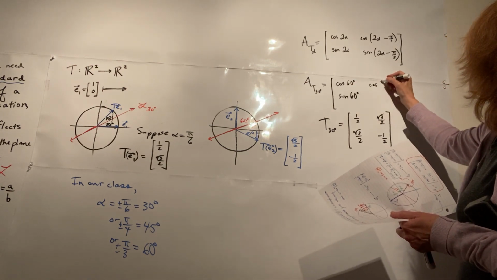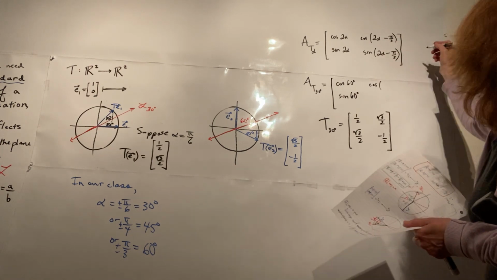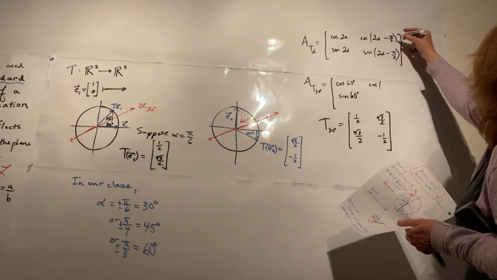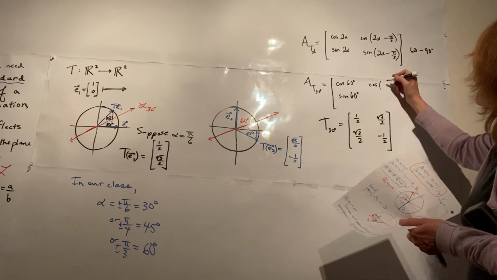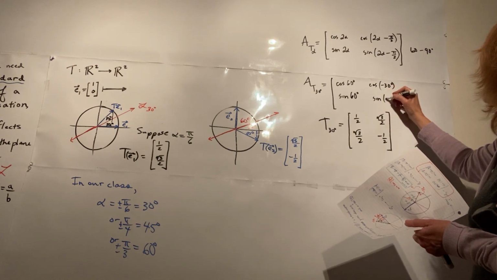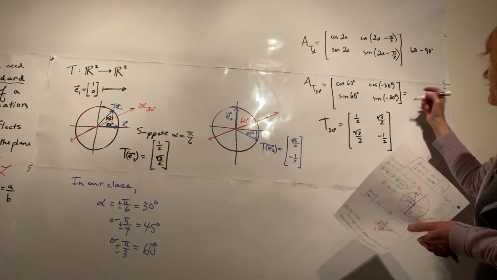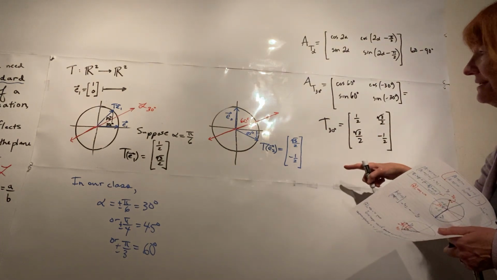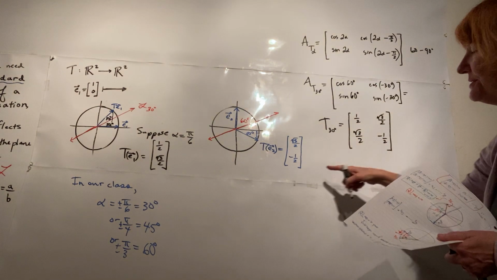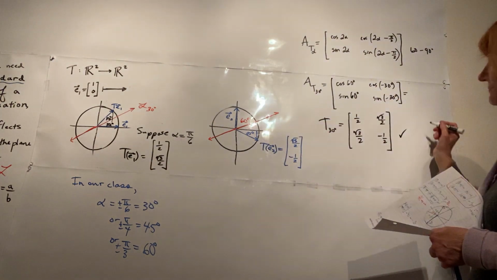This would be the cosine of 60 minus pi over 2, so 60 minus 90 is minus 30 degrees, sine of minus 30 degrees. And sure enough, as you can see, these numbers are looking very familiar to the angles we were dealing with. That is exactly what we have here.